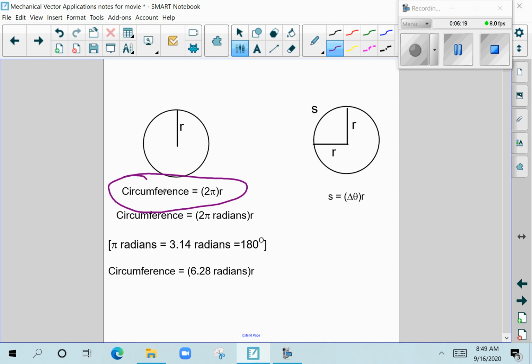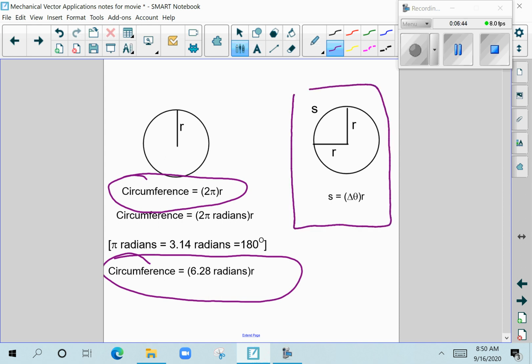So that's where this comes in. Circumference is really, instead of 2 pi r, 6.28 radians times r. If I'm working with just a fraction of the circle, I'm going to work with just a fraction of the 2 pi. That's just going to be my angle. So a lot of times some of you guys might have seen this equation in the past.